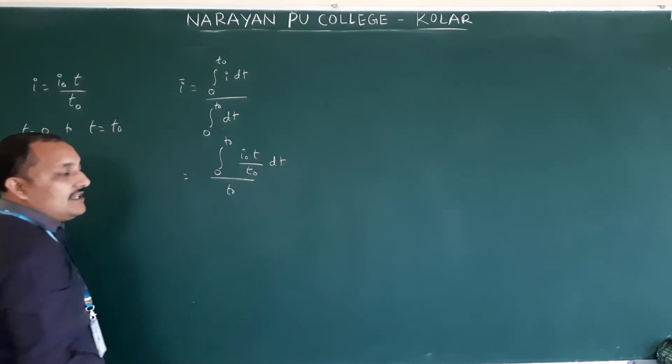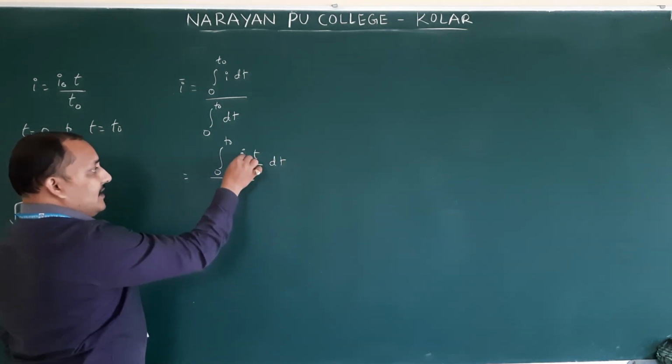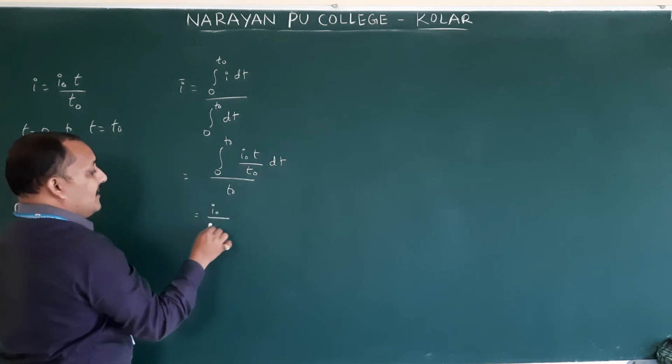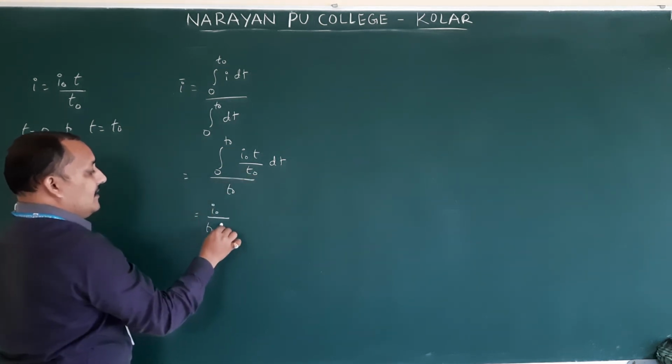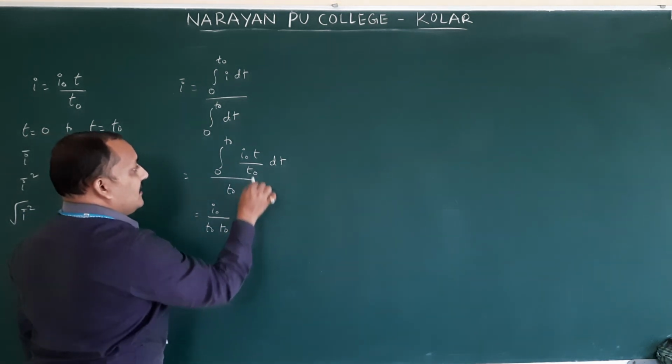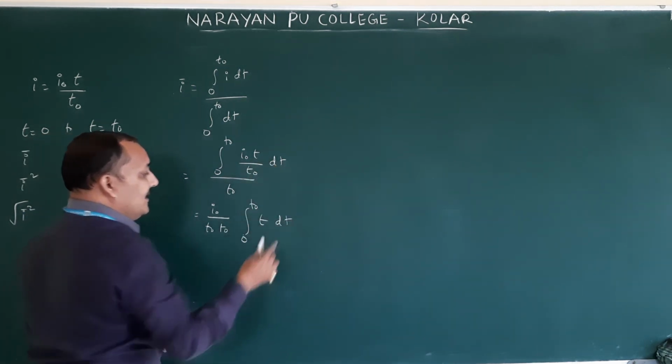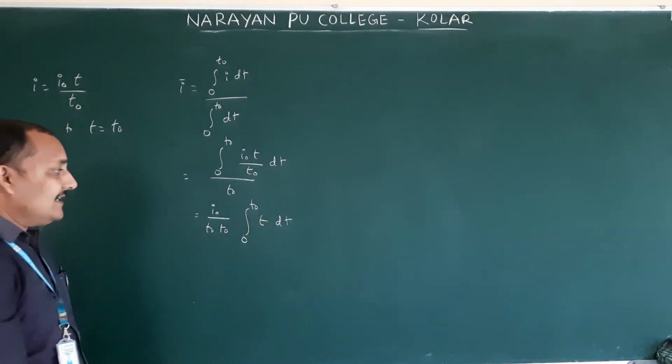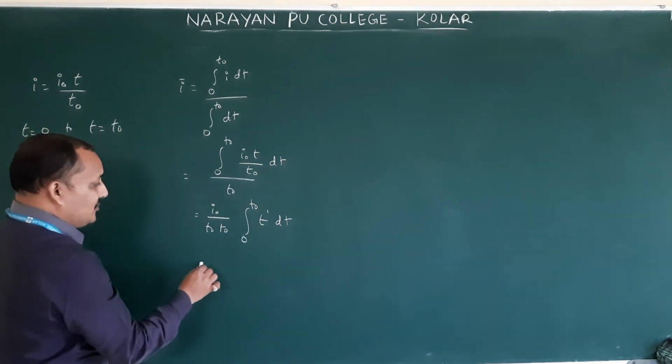I naught by t naught is constant. Already there is a 1 by t naught, and here I naught by t naught. So I naught by t naught square into the integral from 0 to t naught of t dt. x dx is nothing but x square by 2.